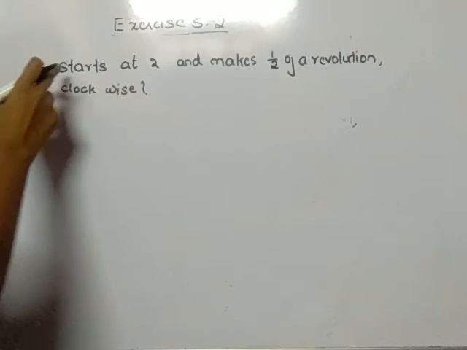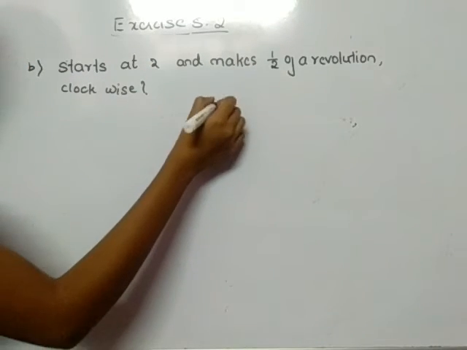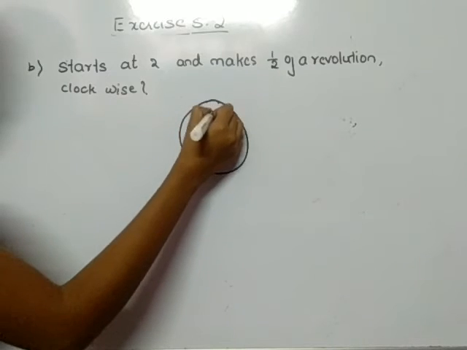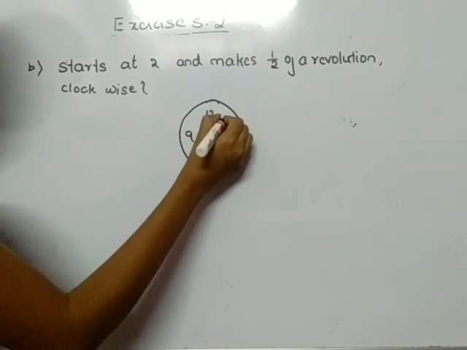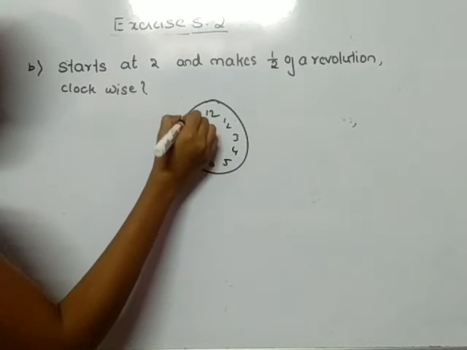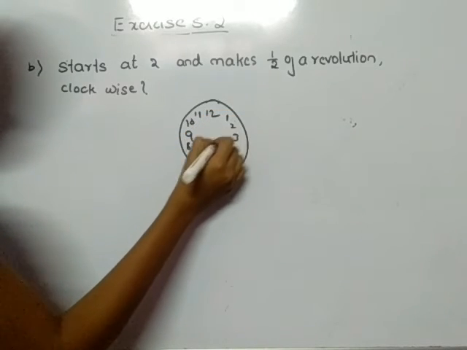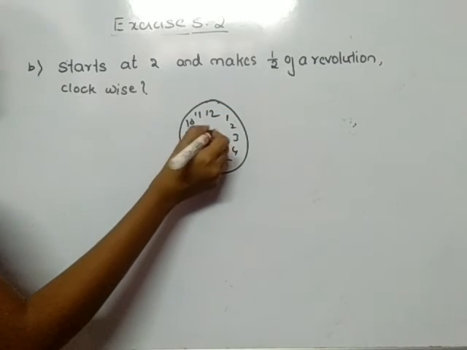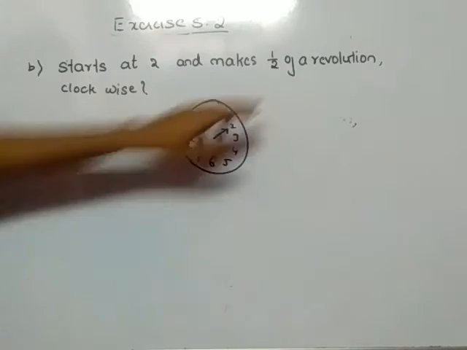Second one, it starts at 2 and makes half of a revolution in a clockwise direction, so 12, 6, 3, 9, 1, 2, 4, 5, 7, 8, 10, 11, right? First it starts from 2 and makes half of a revolution.